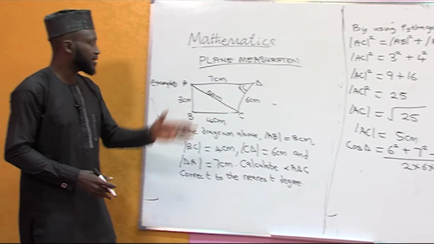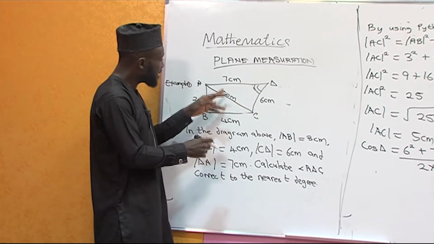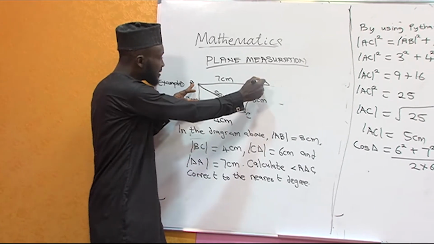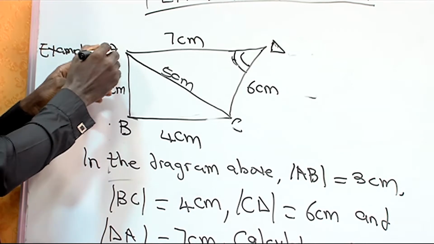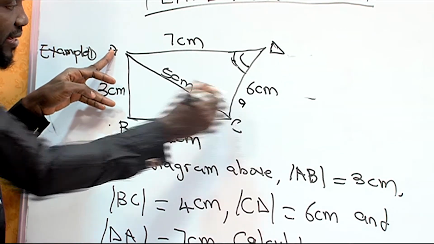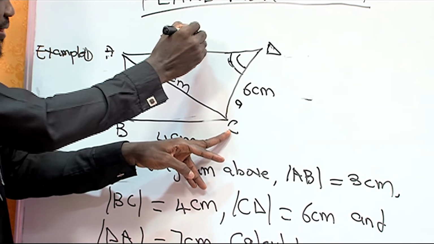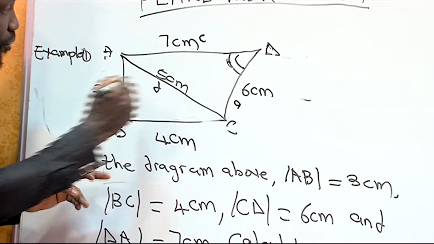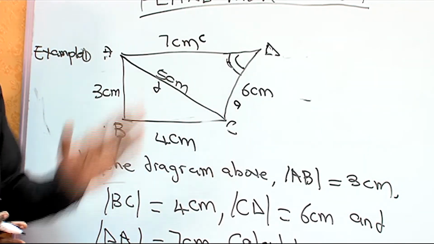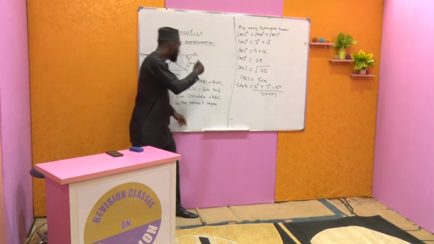Now, what I just did here is using cosine rule. If I decide to take this one, since this is the angle I'm looking for, if this place is A, then my small a will be this, and if this one is C, then my small c will be this one. Then if this one is D, I can name this one to be my small d. Now, since I'm looking for this angle, all I just need to do is add these together, subtract from D, then divide by 2AC.